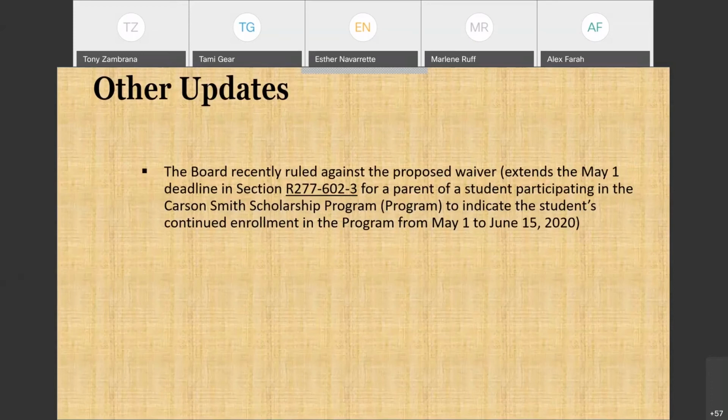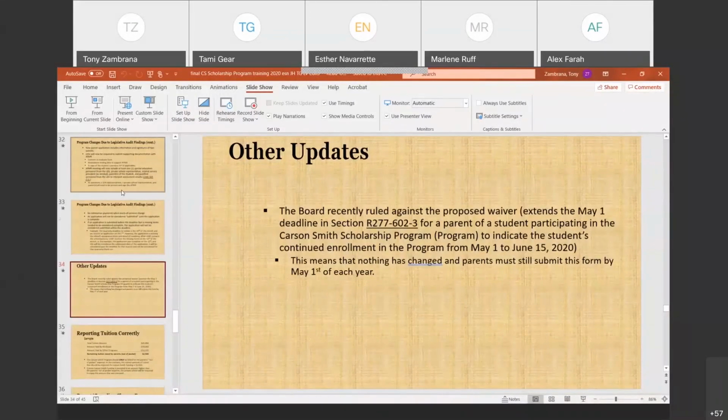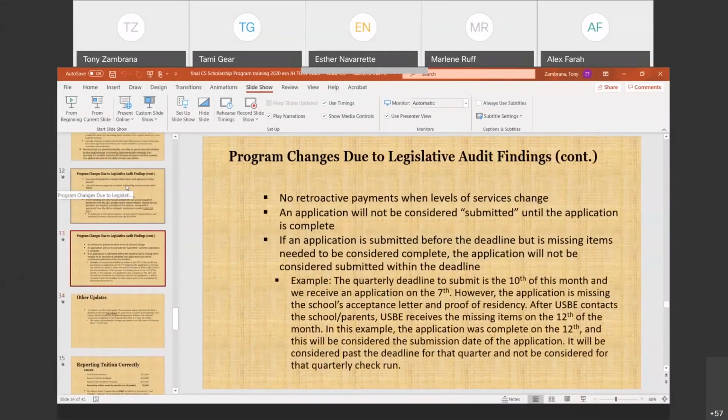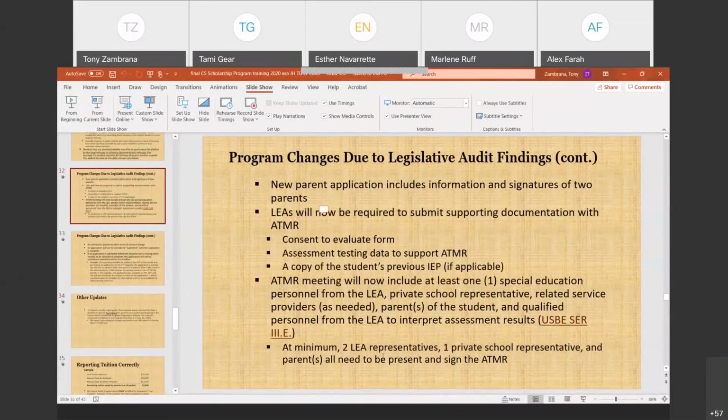So Tony, again, go back to how many people have to be in the meeting so I could see that. Okay. So 2 LEA representatives. You would have to have the person from the LEA who can interpret it and 1 other person. They cannot fill both of those LEA representative positions. So you may have an administrator and a school psychologist.